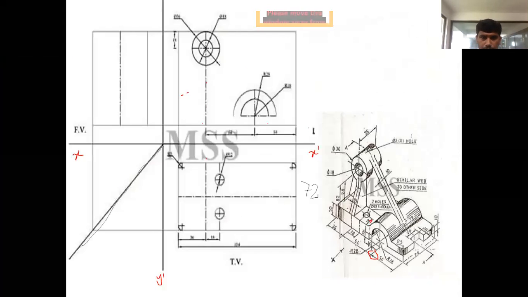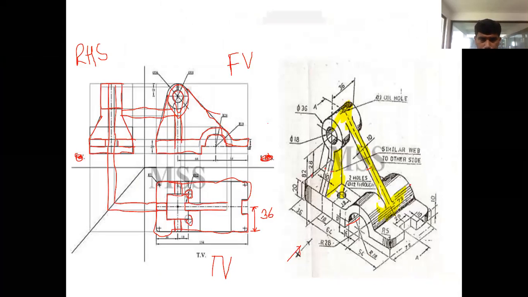We discussed up to here. Next, we are going to project all these things, the circles and these lines. This will be drawn, and this is the top view. This is the 20 cut.